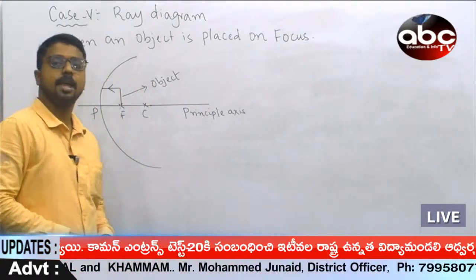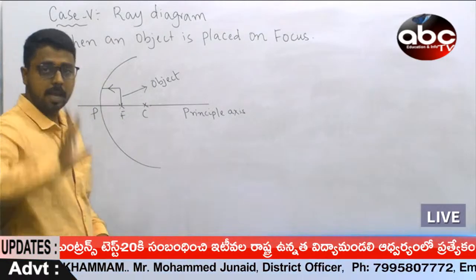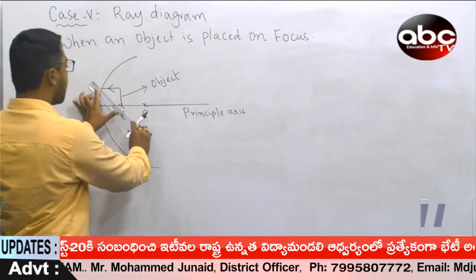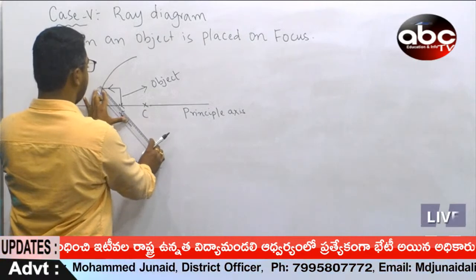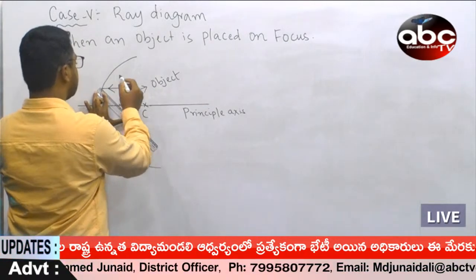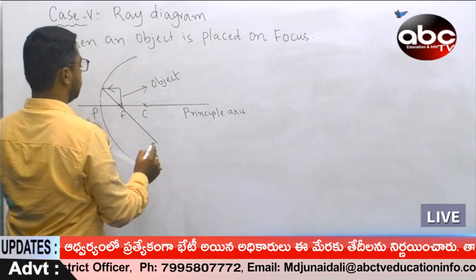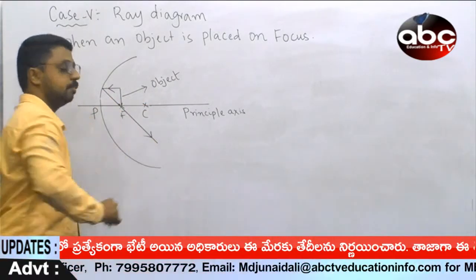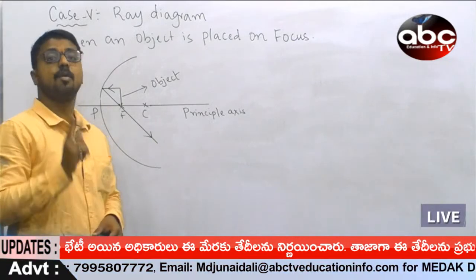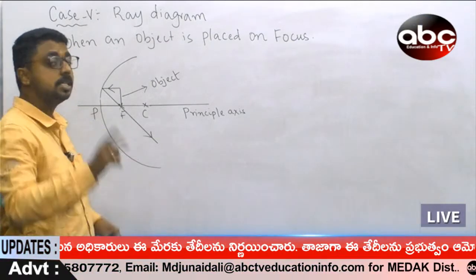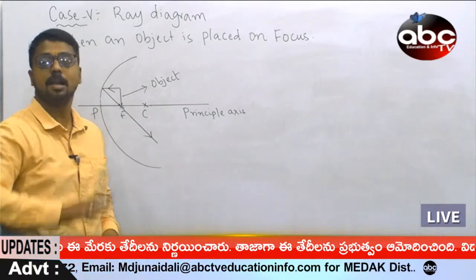First type of ray is parallel. ఒక రే తీసుకున్నాం. What is happening? A parallel ray must focus through this one and emerges like this. Must focus అంటే focus నుంచి ఖచ్చితంగా బయలుదేరాలి in anti-parallel manner.